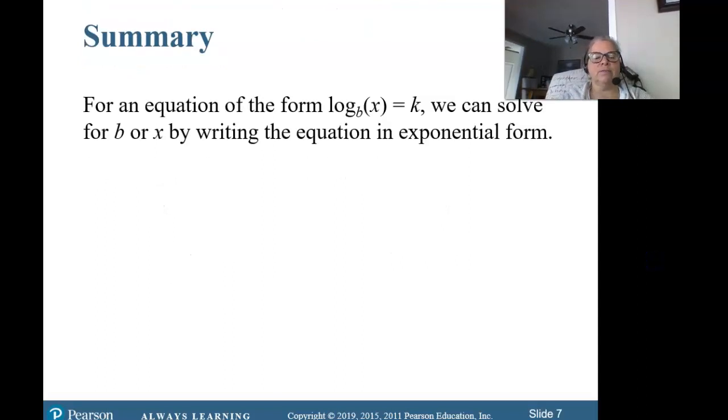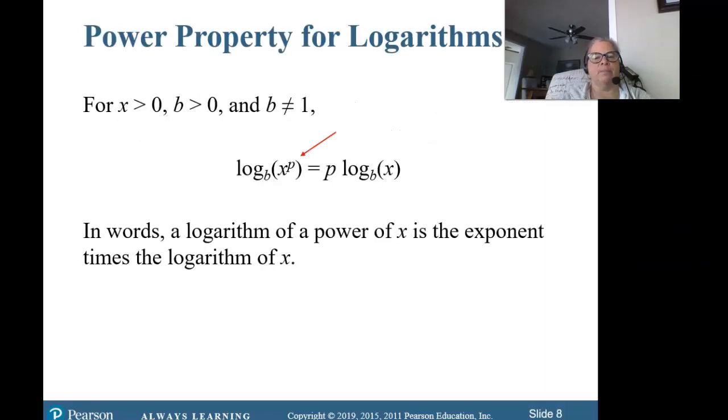So summarizing this, for an equation in the form log b of x equals k, we can always solve that for b, which is the base, or x, which is inside the parentheses, by rewriting it in exponential form. Now we're going to talk about the power property. Think of this as like your superpower.